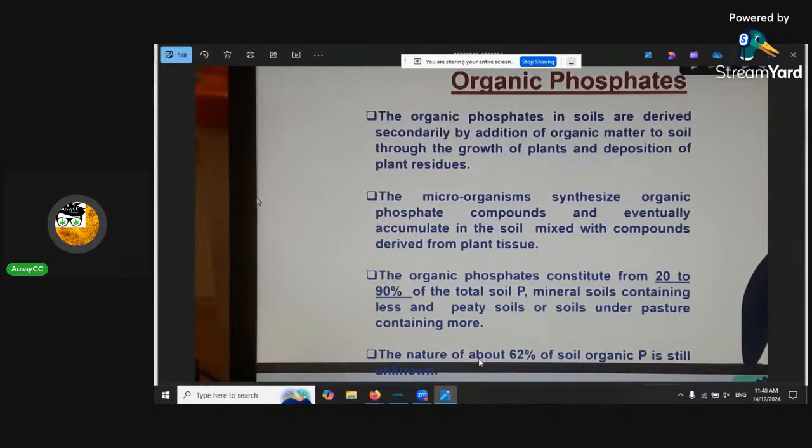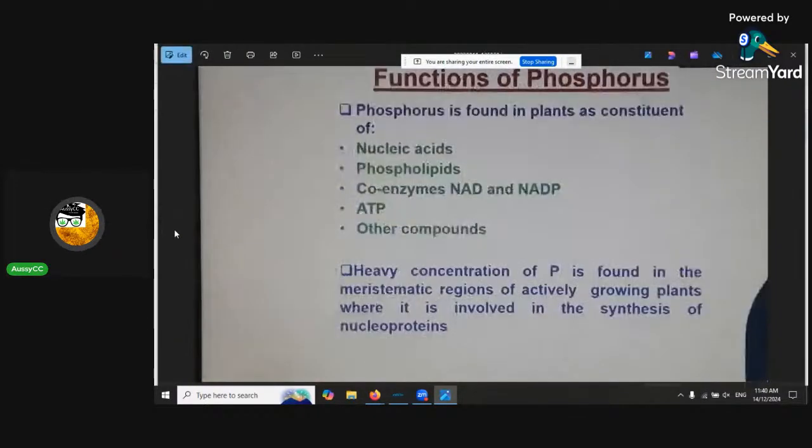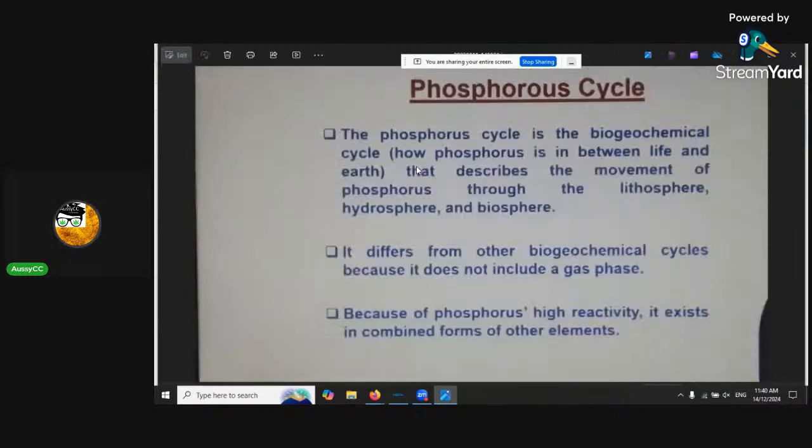And about 62% of soil organic P is still there after a crop. So a lot is retained there because you remember from before how it's bound up in all of that nucleic DNA components. So each cell has a lot of these components. So any cells that you find from the plant material are going to be high in phosphorus.